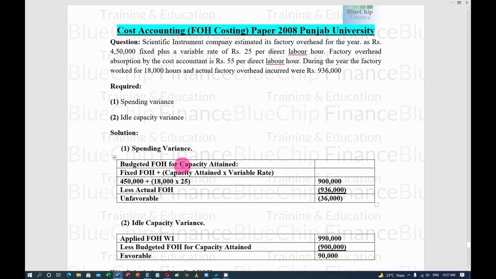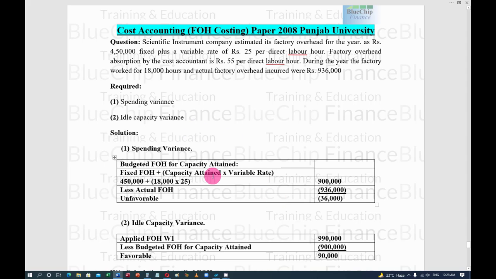So budgeted FOH for capacity attained is fixed FOH, that is 450,000, plus capacity attained, 18,000 hours, multiplied by variable rate, given here as 25, and it is equal to 9 lakh, and actual FOH is 936,000. So the result is minus 36,000, that is unfavorable.